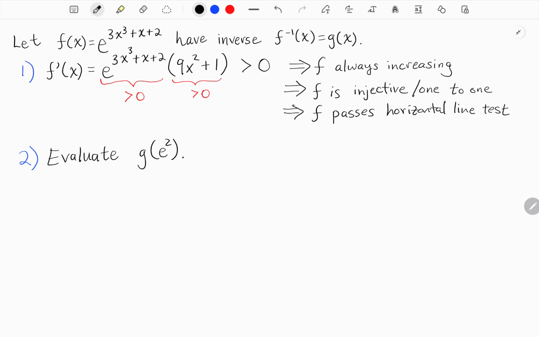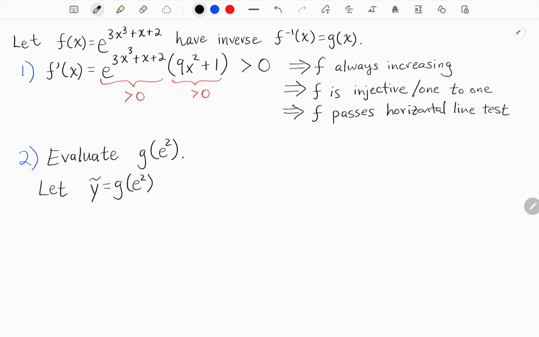So the way I do it is we let y equal g of e squared, or sometimes I could write a bar or a tilde to show that this is just a fixed value, a constant.